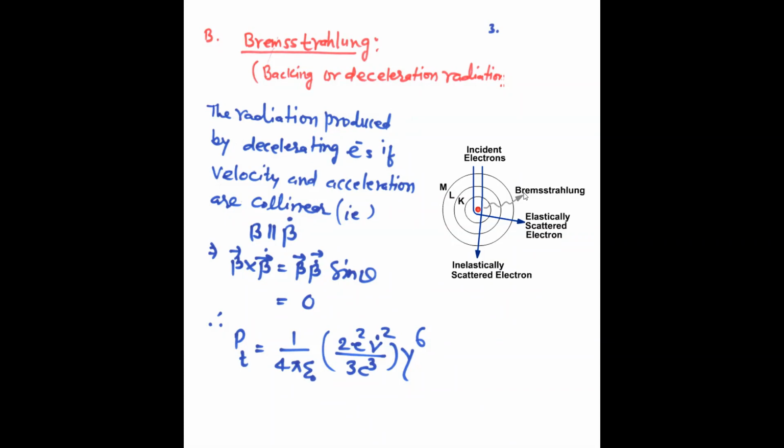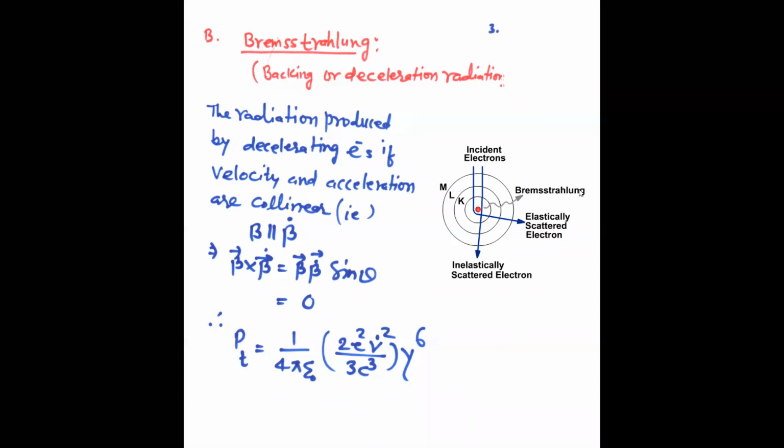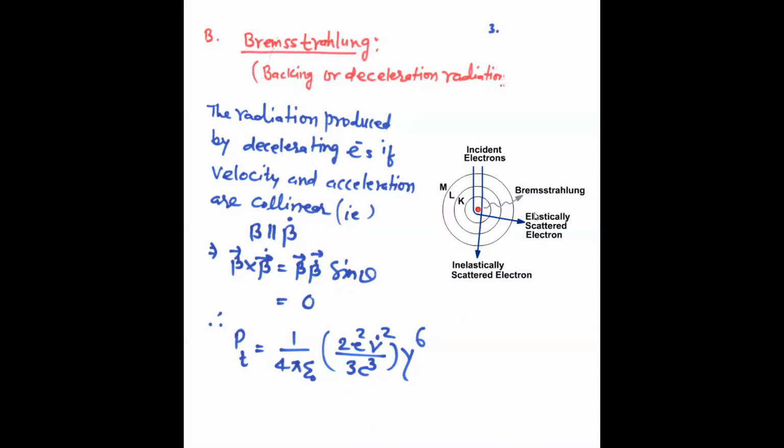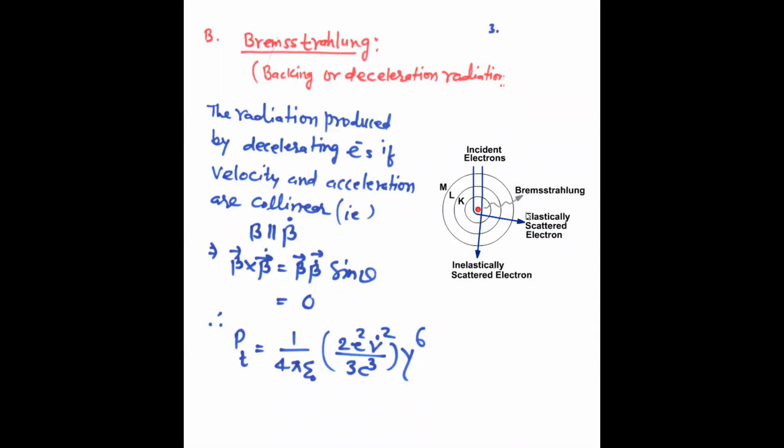So the meaning of the word Bremsstrahlung is braking or deceleration radiation. The radiation produced by the decelerating electron is basically called X-ray, and this phenomenon is called Bremsstrahlung.